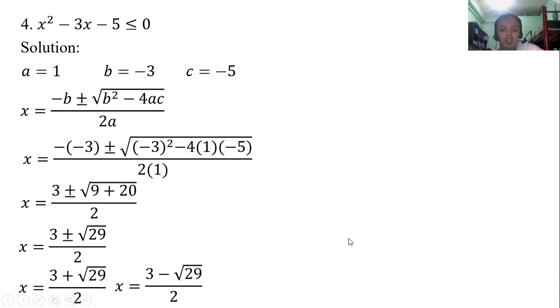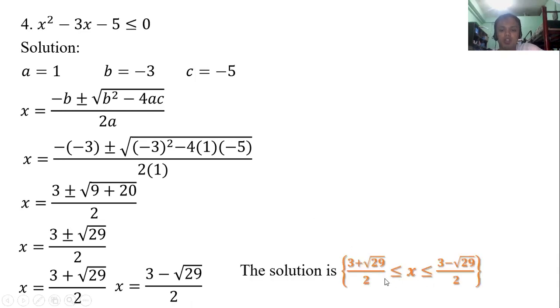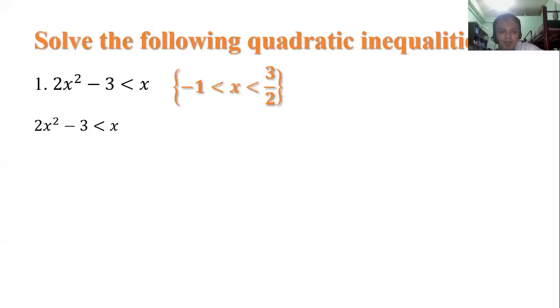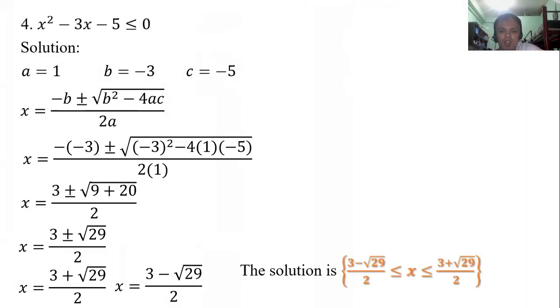Then, how can we write this solution set in interval notation? We will write it this way. X is greater than or equal to, wait, reversed. This is negative, sorry, and this one is positive. Let me enlarge it a bit so you can see.